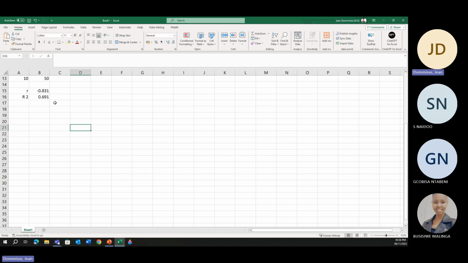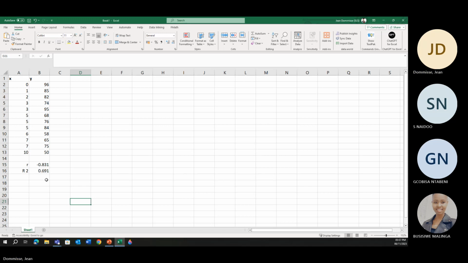Just remember your coefficient of determination will always be positive. It will always be positive, because if it's negative r and you will have r times r, it will become positive. If r was positive, then it will just stay positive. Okay, so just important, your r square will always be positive.